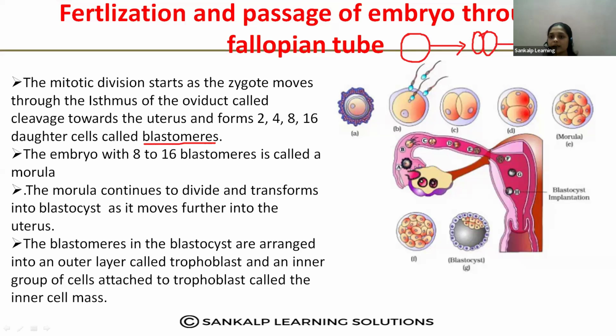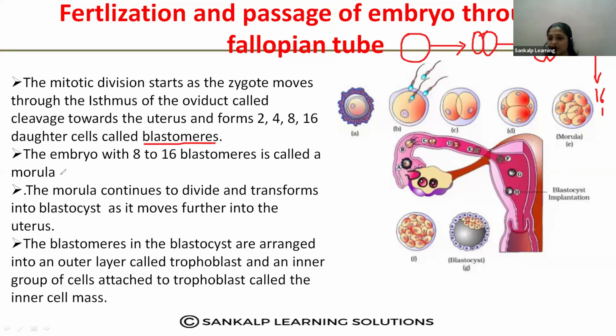Then again it undergoes mitotic division and forms the 4 cells. So it is called blastomeres. Here you can observe the 4 cell stage, 8 cell, 16 cell and 32 cell. So like that you can observe the mitotic division in the zygote, which is called a blastomere.